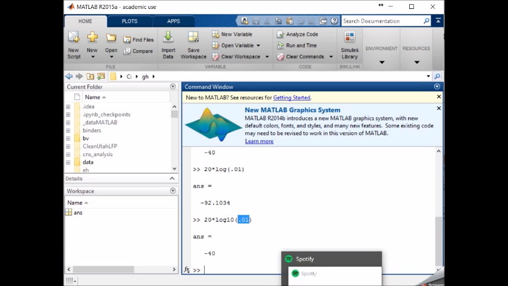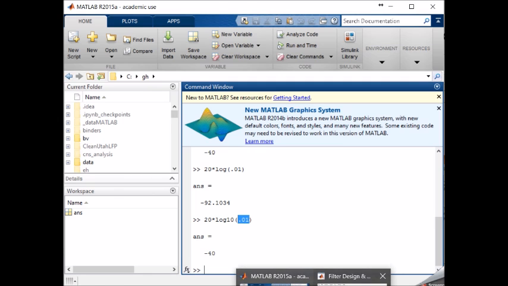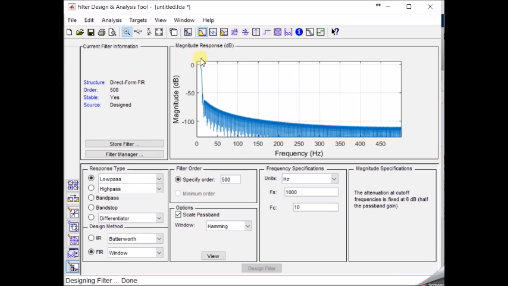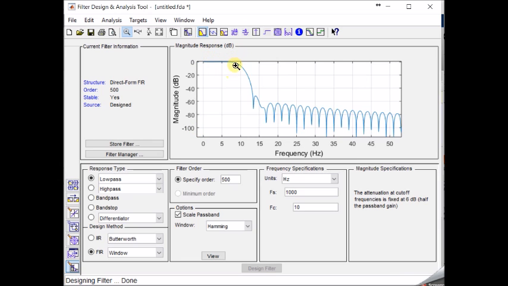So going back to the FDA tool, we've seen our magnitude response here, where we pass below 10 hertz and suppress frequency components above 10 hertz. There are also other options that you can look at up at this top bar concerning the filters. And the other one I want to point out is this impulse response that we can click here.